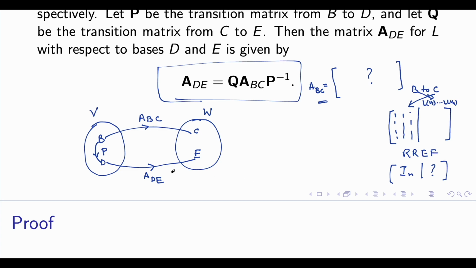Because you are not going to the transform domain, for B to D you have to write the D columns, and you have the B columns, and apply RREF to get the identity-type matrix, and then this side will be P. B to D is nothing but P, I'm saying.